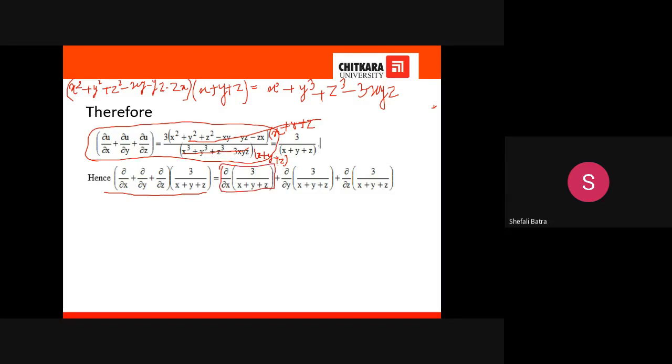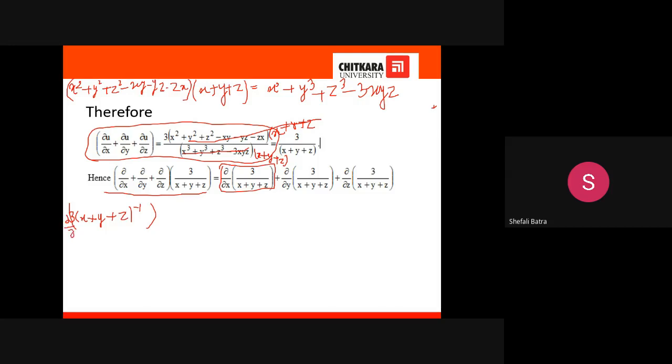Tell me what will be the answer? Curly by curly x of 3 upon x plus y plus z. You can write it like 3 into x plus y plus z power minus 1. Now find curly by curly x of this.